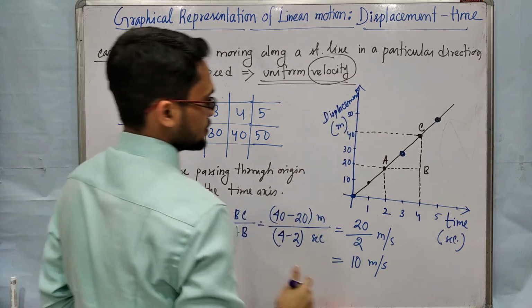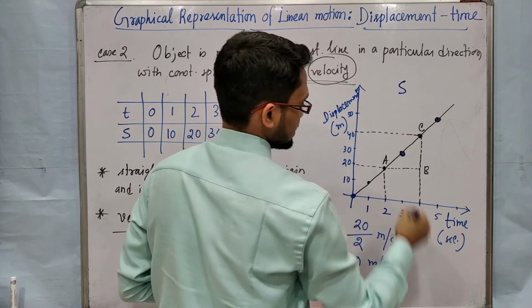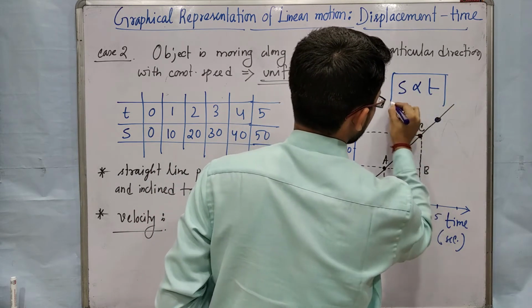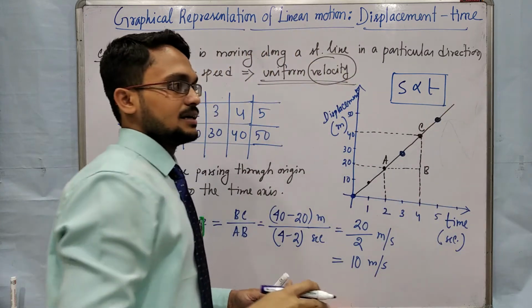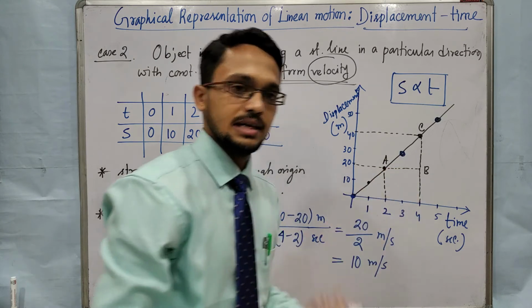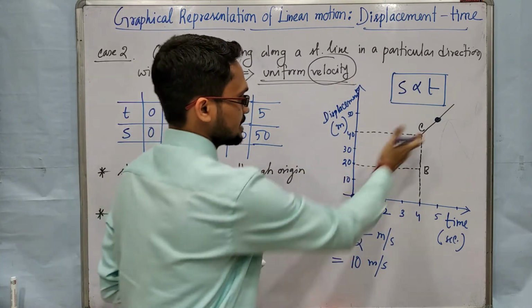So from this graph we can also tell that displacement, denoted by s, is directly proportional to the time. If the time intervals are equal, then s will increase equally. s is directly proportional to t.